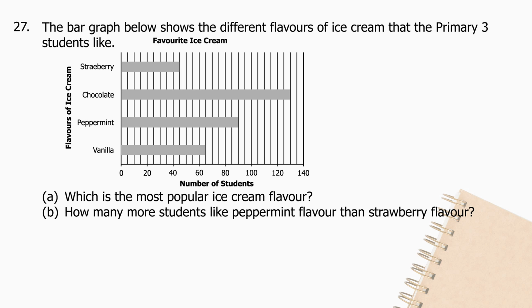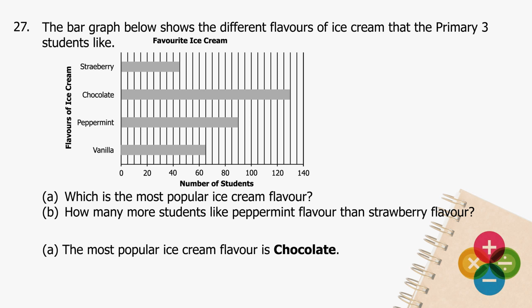Question 27. The bar graph below shows the different flavors of ice cream that the primary 3 students like. A. Which is the most popular ice cream flavor? B. How many more students like peppermint flavor than strawberry flavor? A. The most popular ice cream flavor is chocolate.